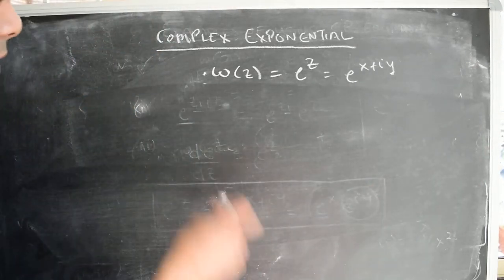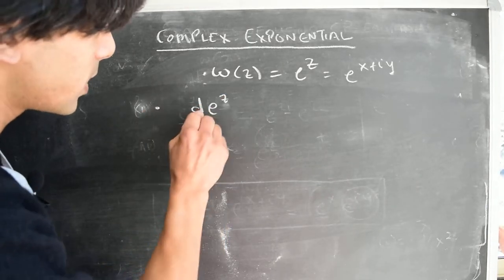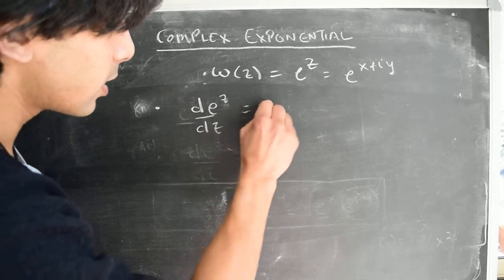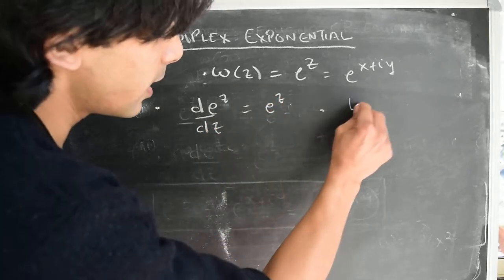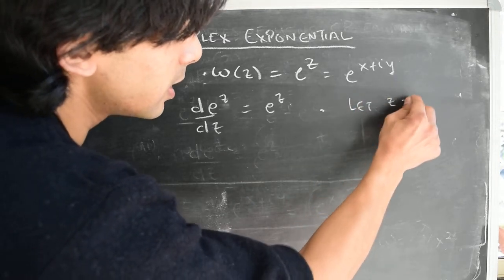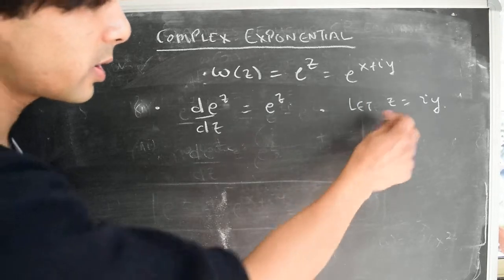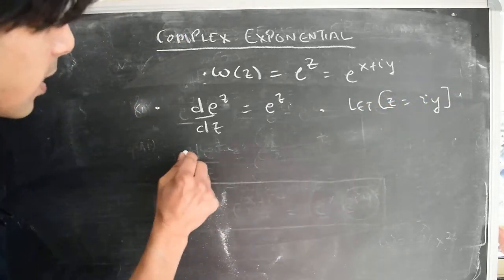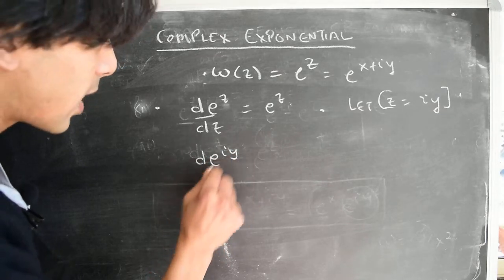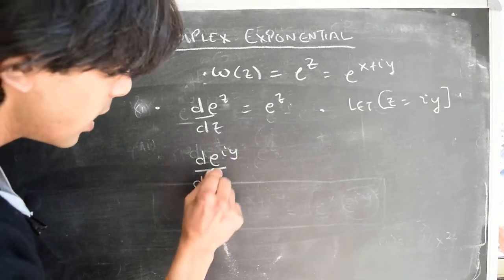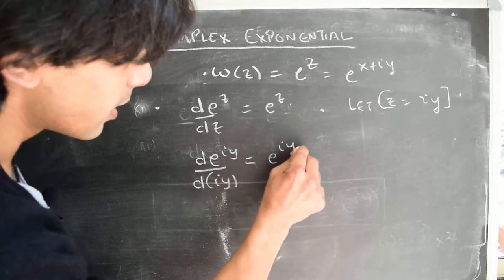According to the second property, what we want is that the derivative of the complex exponential is again the complex exponential. So let's focus on the case when z is simply iy. Let's assume that the real part is 0. Then the derivative d e to the power of iy, with respect to z, but z is also iy, should be e to the power of iy.